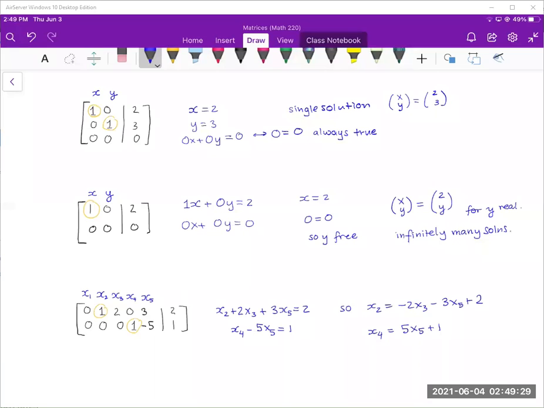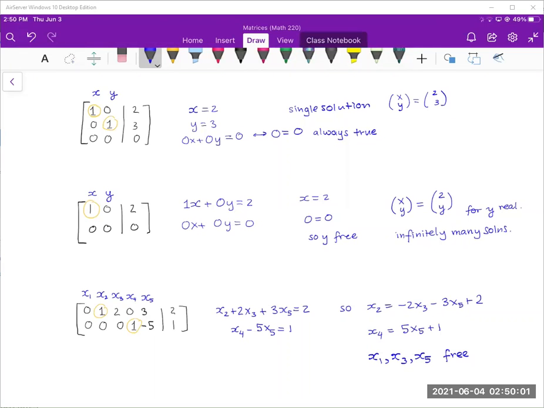Notice that these are the only 2 restrictions. So x1 can be anything. It doesn't appear in these equations at all. x2 is governed by this equation. x3 can be anything. x4 is given by an equation. And x5 can be anything. So we'll call x1, x3, and x5 free.